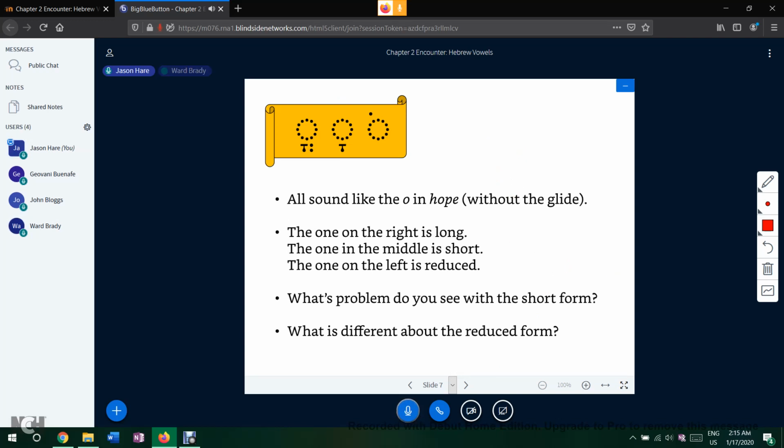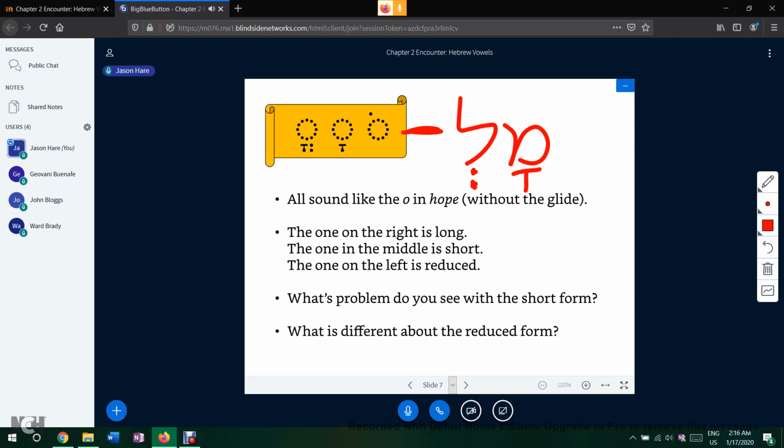All right, these ones are O. Again, if we have our mem, we put a dot on the upper left. Mo. If we have a closed syllable and it's unaccented, that is, if it's connected to another syllable after it, like this is mol.